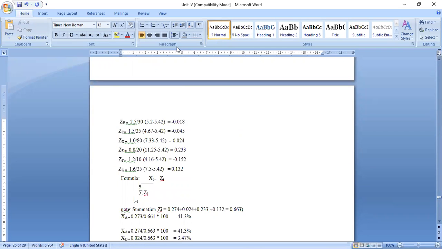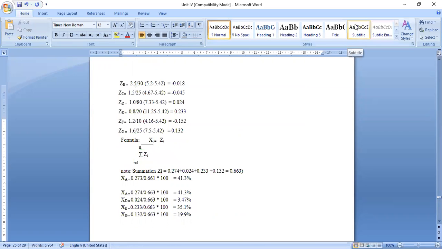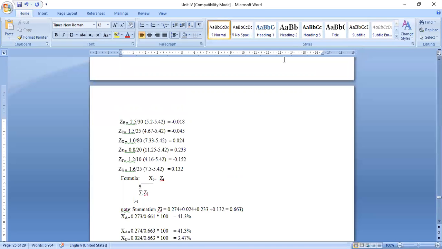I will just check if there are any queries here in the chat box. Z value is 0.069 while calculating. Okay, we'll just check. Yes, I got it, what you're saying now. So here we haven't changed, right? Yes.